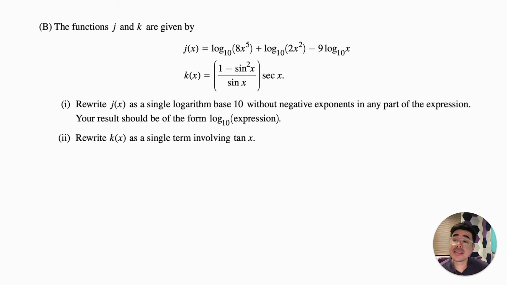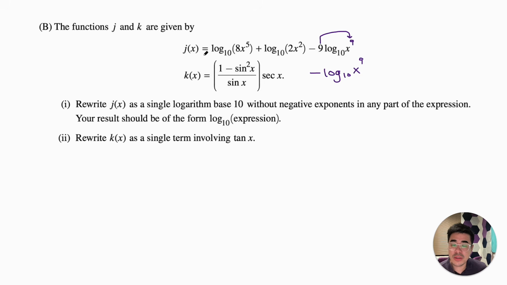Part B asks us to rewrite j as a single logarithm without negative exponents in any part of the expression. So the first thing we want to do before we even try to combine these is rewrite this. This 9 is a coefficient. Remember that if you have a coefficient, you could bring it to the argument of your log. So this is equivalent to minus log base 10 of x to the 9th.